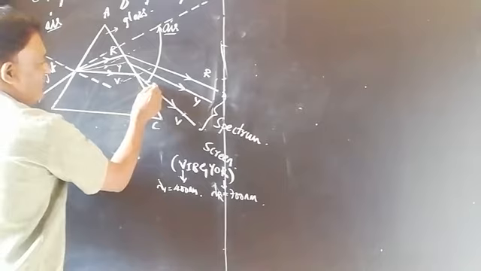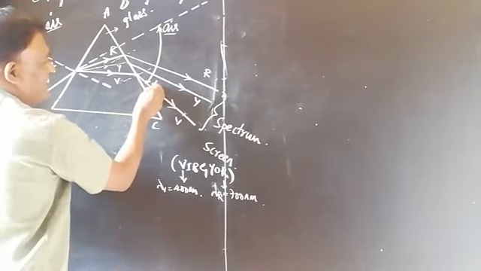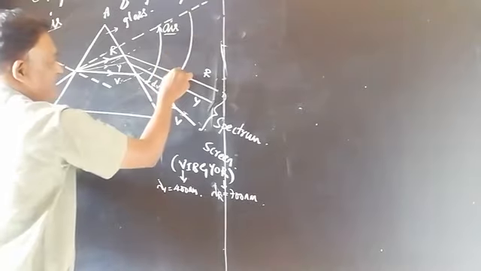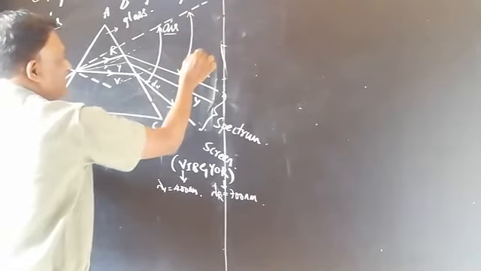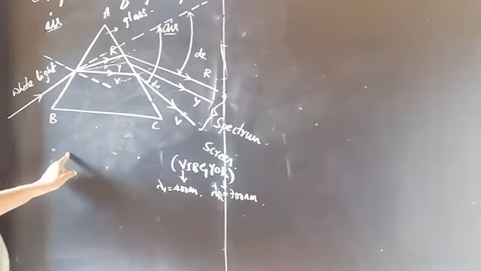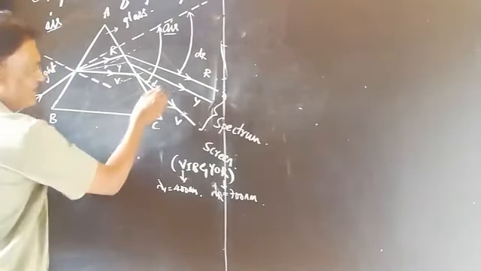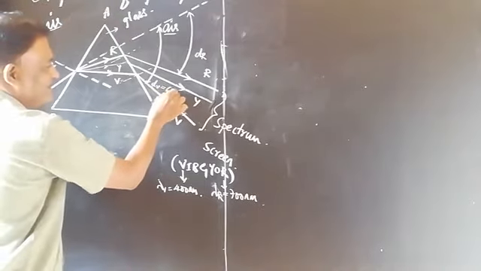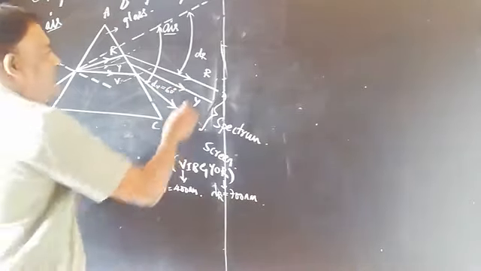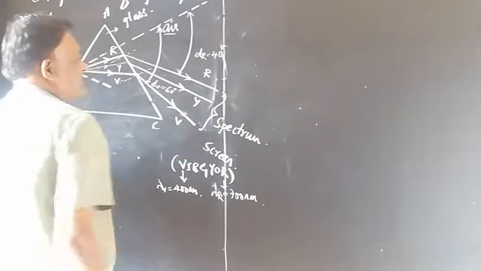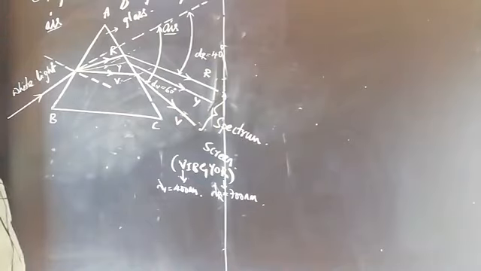This is the angle of deviation for the violet color, whereas this is the angle of deviation for the red color. Let us take the angle of deviation for violet as 60 degree, and for red color say 40 degree.